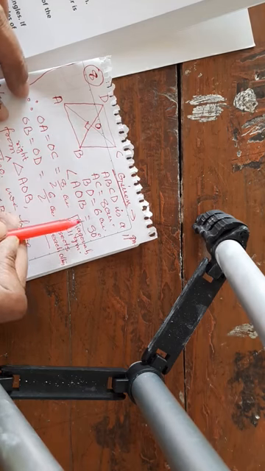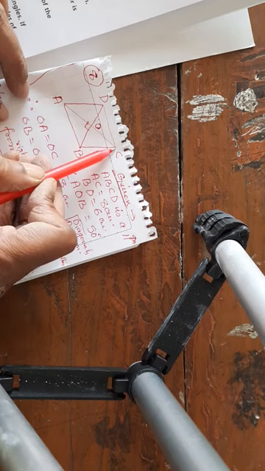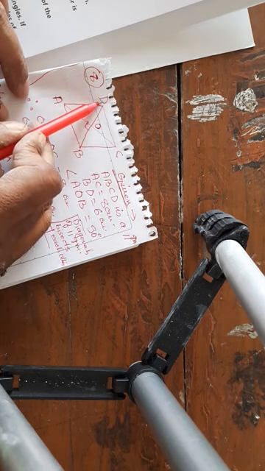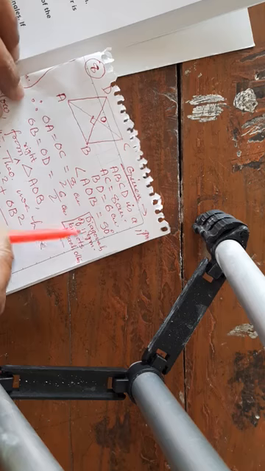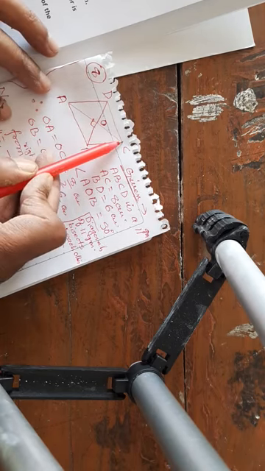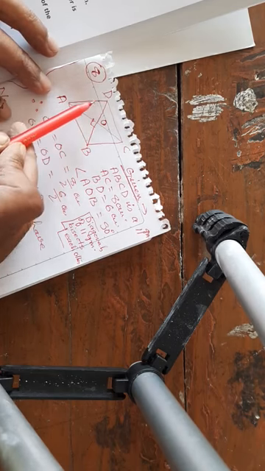Here AC is equal to 8 centimeter, BD is equal to 6 centimeter, and we know that diagonals of parallelogram bisect each other. That means OA is equal to OC, OB is equal to OD.